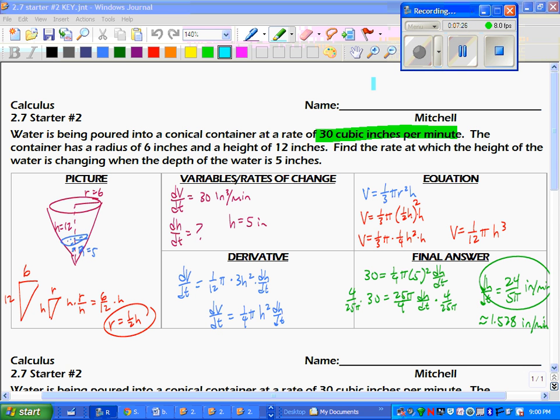Okay, you should get 24 divided by 5 pi inches per minute, or if you write that as a decimal, approximately 1.528 inches per minute.